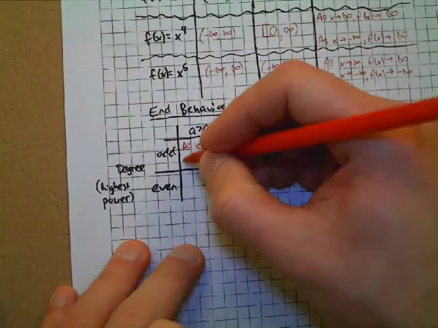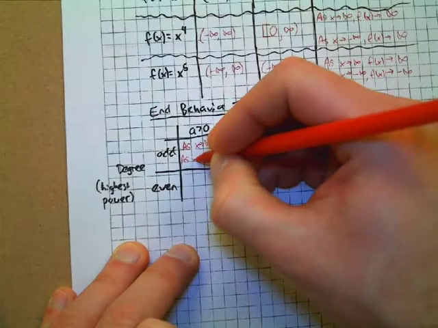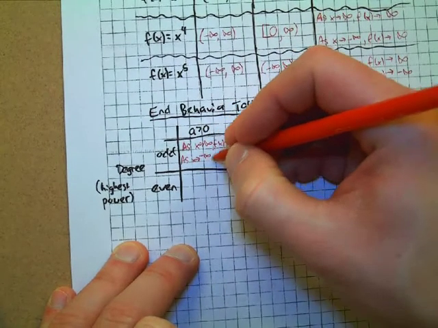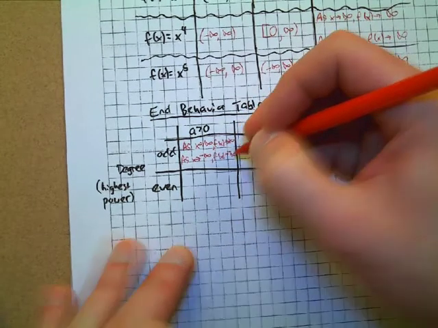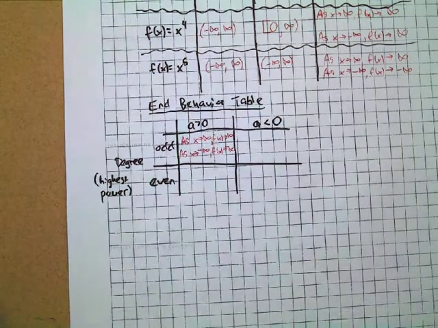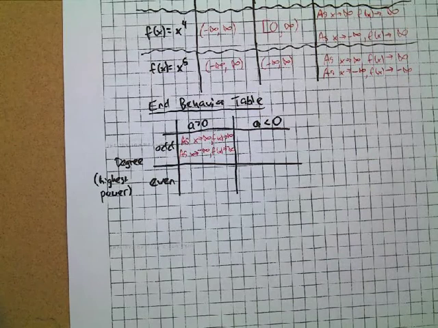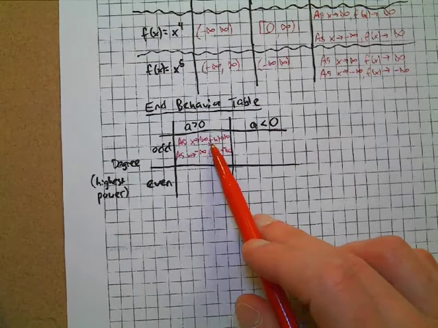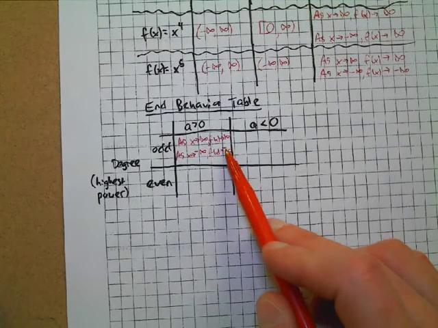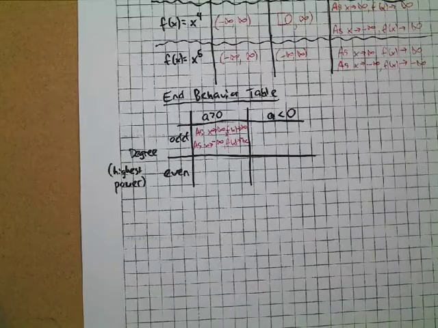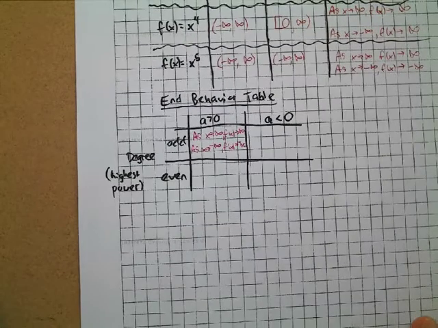And as x goes to negative infinity, f of x goes to negative infinity. Okay, so that's as x goes to infinity, f of x goes to infinity. As x goes to negative infinity, f of x goes to negative infinity as well. Sorry, I'm trying to zoom in on that so you guys can see that.